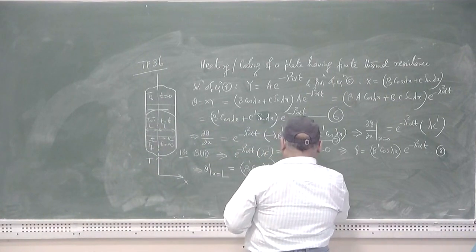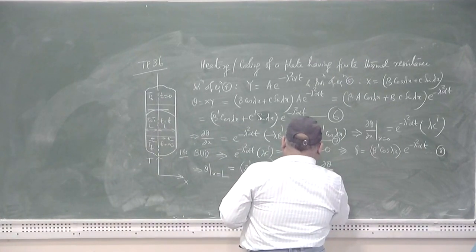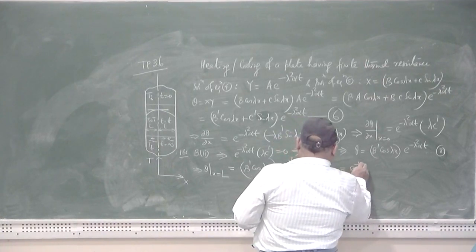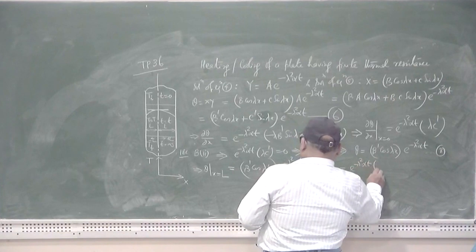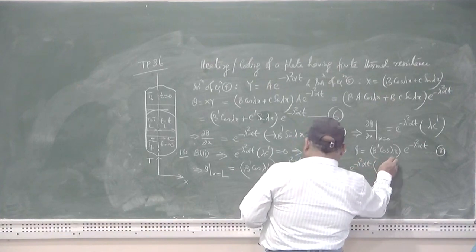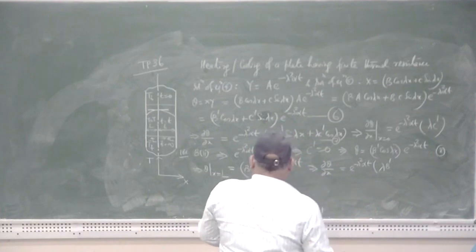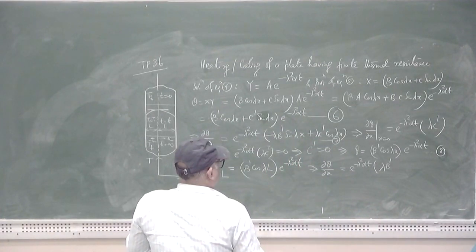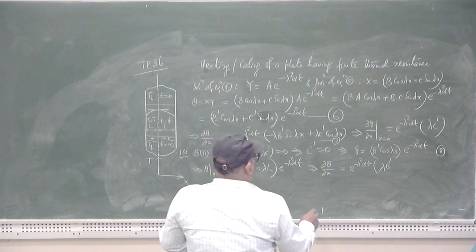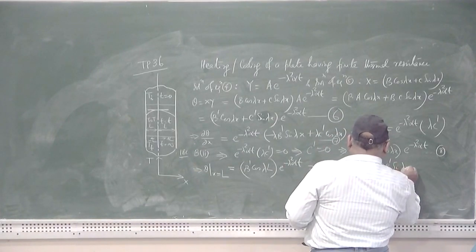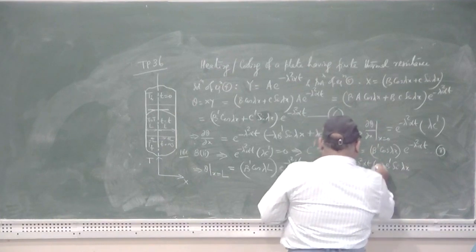So ∂θ/∂x is equal to e to the power minus lambda square alpha t into minus lambda b dash sin lambda x.